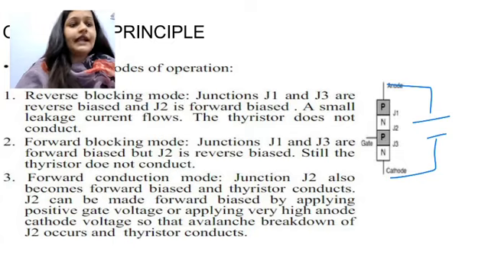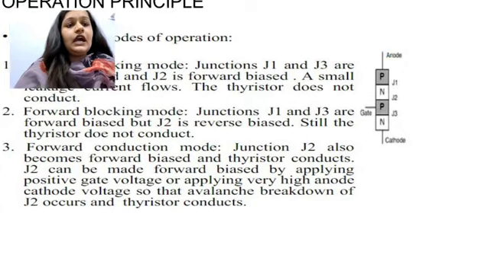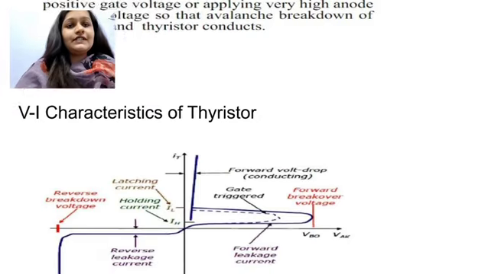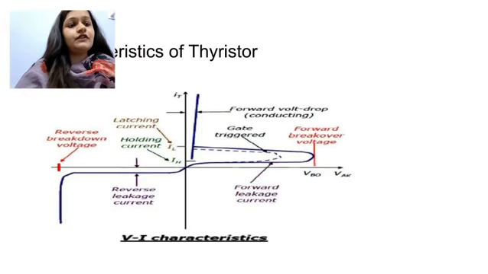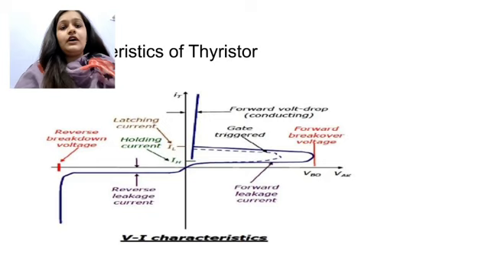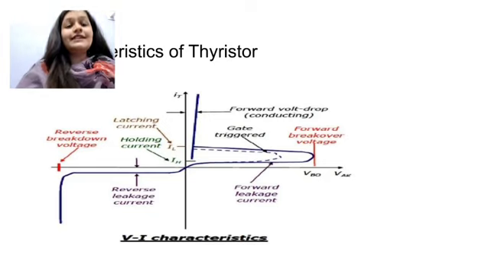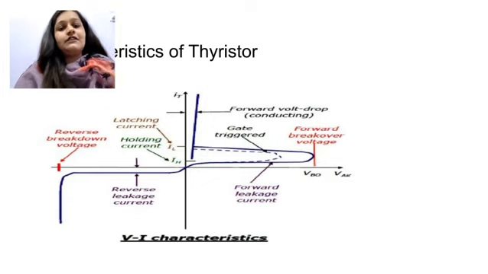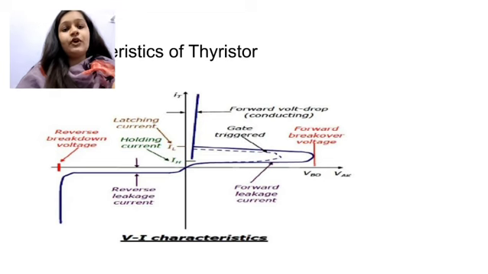In the next slide, we see how the current flows, that is, the VI characteristics of a thyristor. Still, the gate current is 0. I'll tell you when the gate current will work for a thyristor, or when the gate terminal will be in use. First we have studied reverse blocking.